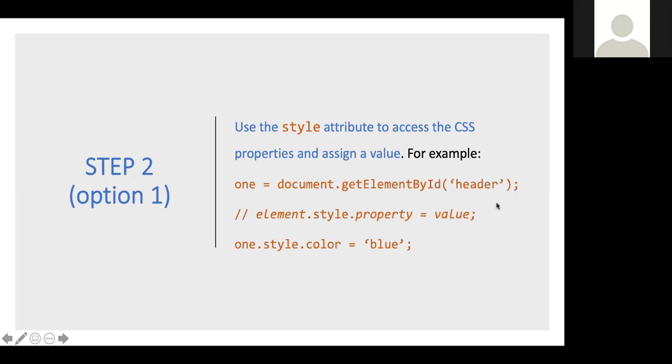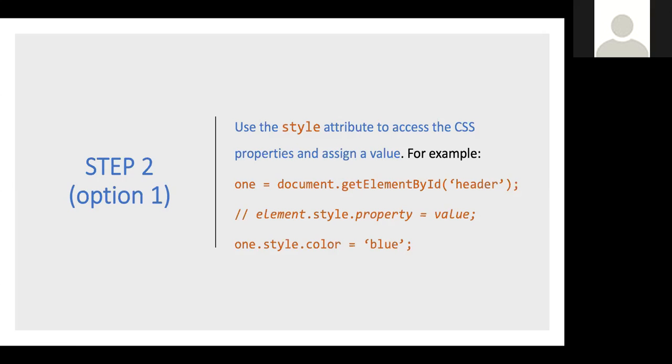Okay, so the second step to take is, there are two options actually to tell JavaScript to intervene on the style of an element. We can use the style attribute to access the CSS properties and assign a value. For example, as you can see here, one is our JavaScript variable.